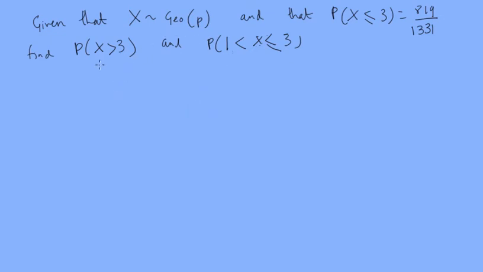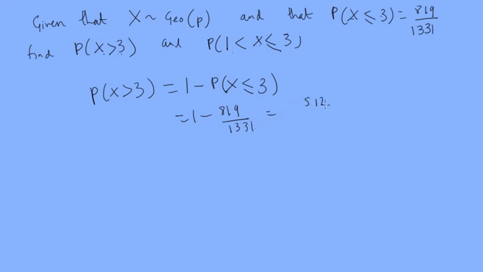So we know it's less than or equal to 3 is this, but then all other values for the probability are x greater than 3. So the probability that x is greater than 3 must be equal to 1 minus the probability that x is less than or equal to 3. So that's 1 minus 819 over 1331, and that gives us 512 over 1331.